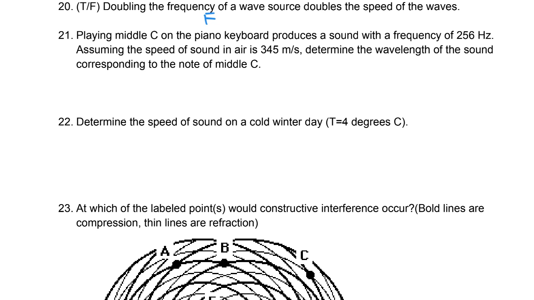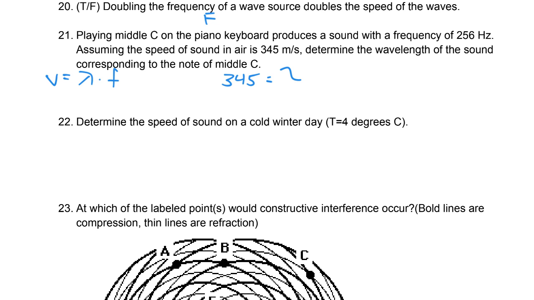All right, number 21. So we've got a frequency of a sound on a keyboard of 256. We know the speed of sound. We're trying to find the wavelength. So we just need to use this formula here, that velocity equals wavelength times frequency. We know the velocity is 345.